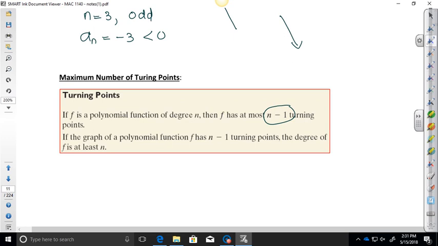But it cannot have more than n minus 1. For example, a polynomial function of degree 4 cannot have 4 turning points. It can only have up to 3. It can have 1, 2, or 3, but not 4 or above. So n minus 1. Those are the things we learn about polynomial functions.